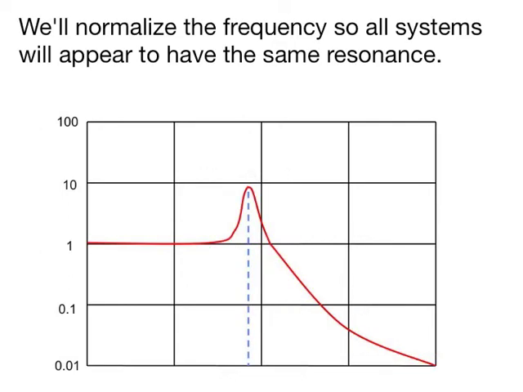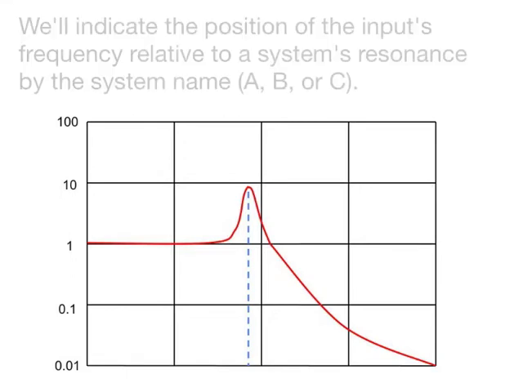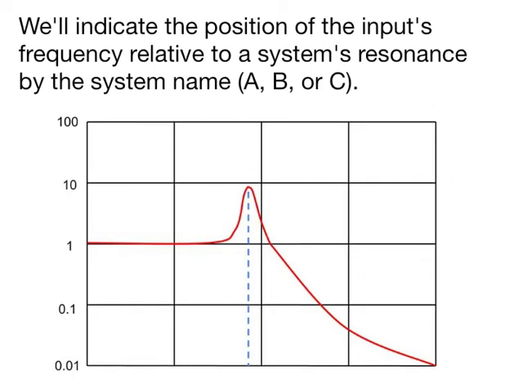We'll illustrate the behavior of these three systems on a single plot, and to do that we're going to normalize the frequency for the systems so that all will appear to have the same resonance frequency. Then we'll indicate the position of the input frequency relative to the system's resonance using the system's name. That is, we'll label A, B, or C to indicate.